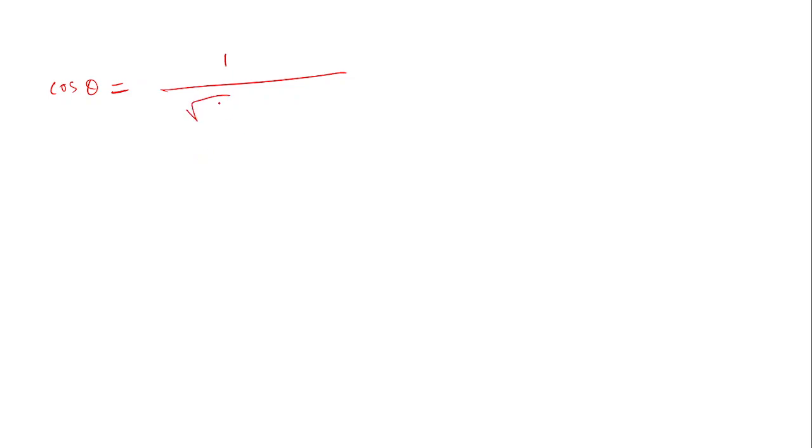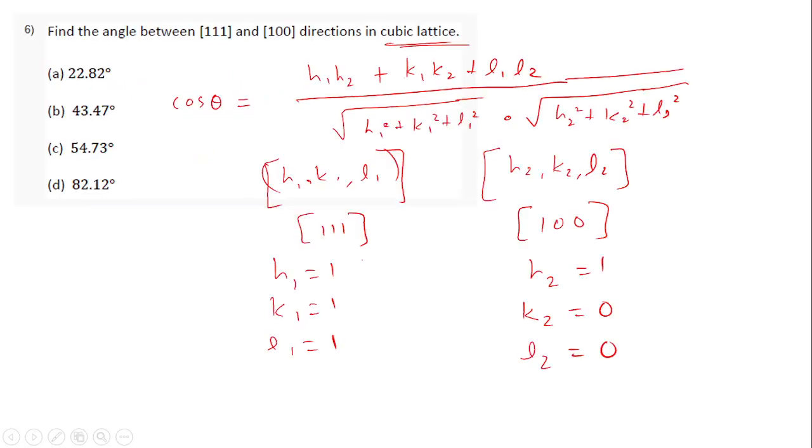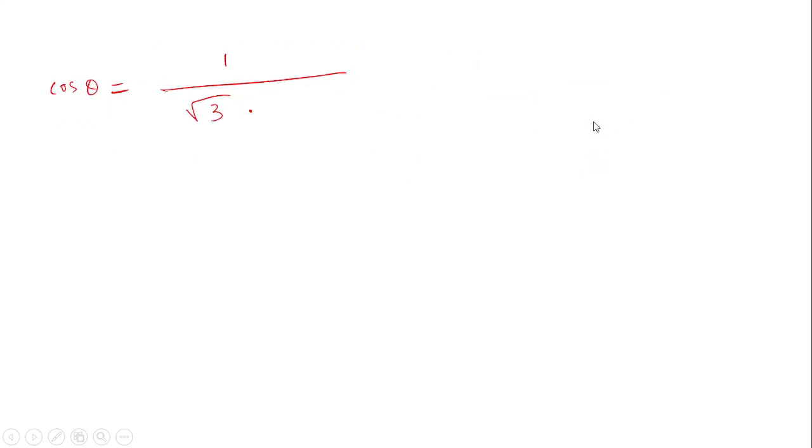This first root will be root 3, and for the next one, h2 is 1 and the others are 0, so this will be root 1. This will be 1 over root 3. So cos theta is 1 over root 3. So theta, the angle between these two directions, will be cos inverse of 1 over root 3.